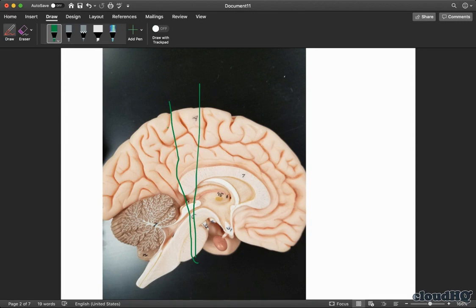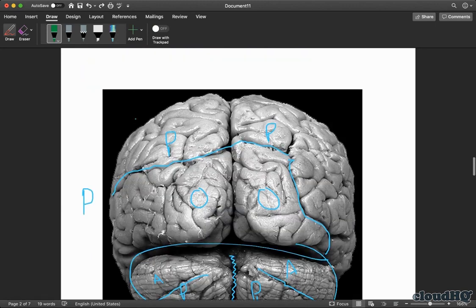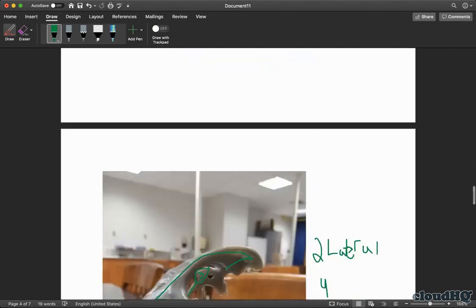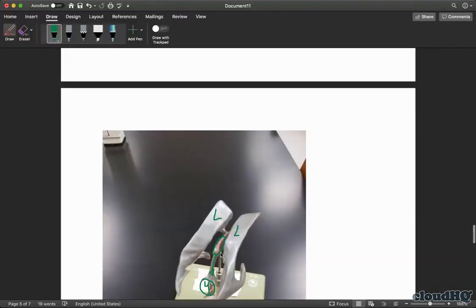So please do not label the sagittal model with the third ventricle. If we cut right along here and opened all of this up, we see the third ventricle. So really, this is the only location that you can see that third ventricle.